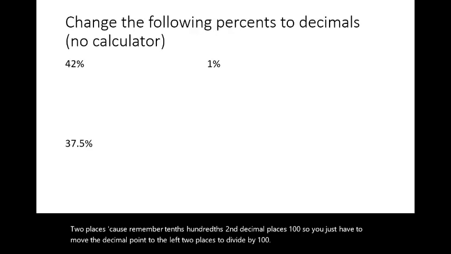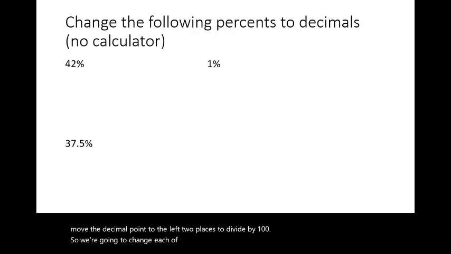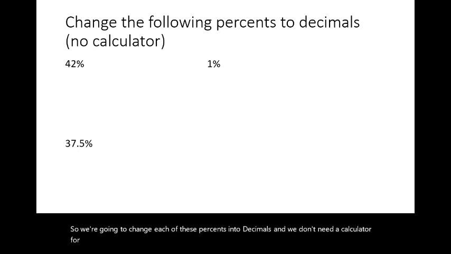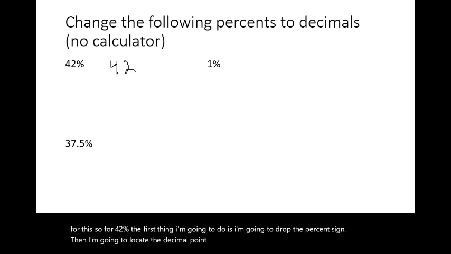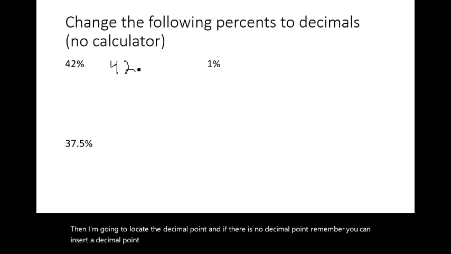So we're going to change each of these percents into decimals, and we don't need a calculator for this. So for 42%, the first thing I'm going to do is drop the percent sign. Then I'm going to locate the decimal point. And if there is no decimal point, remember you can insert a decimal point on the right end of a number. So since there wasn't already a decimal point, I'm going to put a decimal point right here.